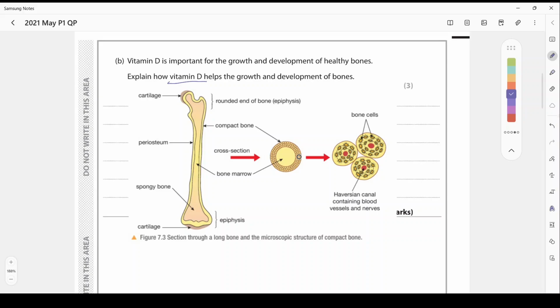And here we have a part of the bone called the compact bone. And you can see that these bone cells, or another fancy word for that is osteocytes, what they do is they secrete calcium ions in order for it to harden. So let's write that down.